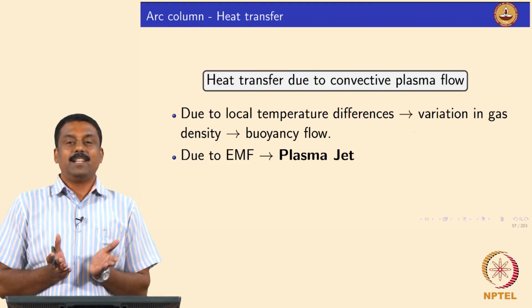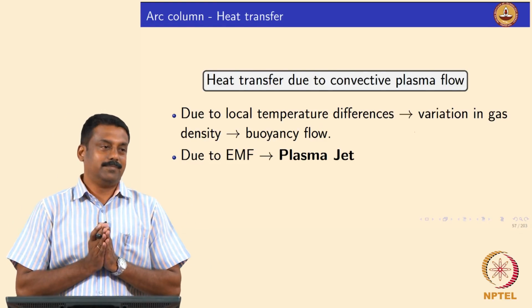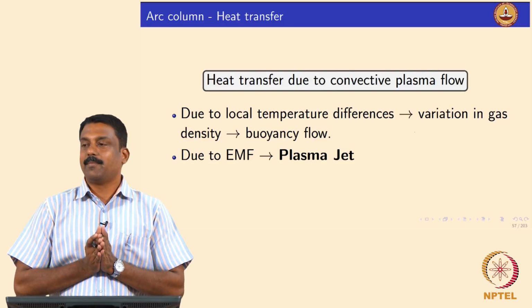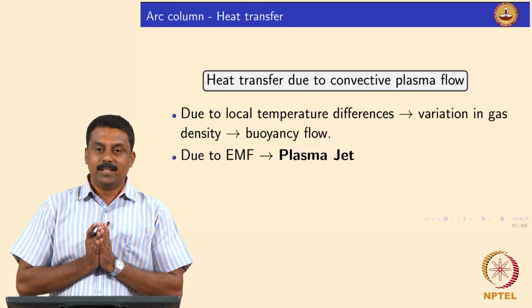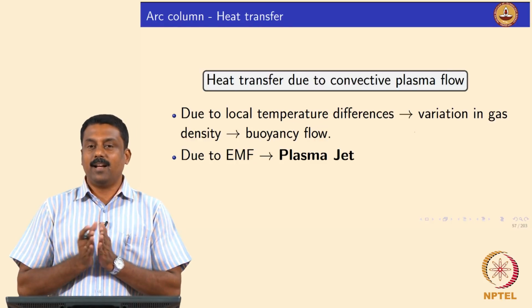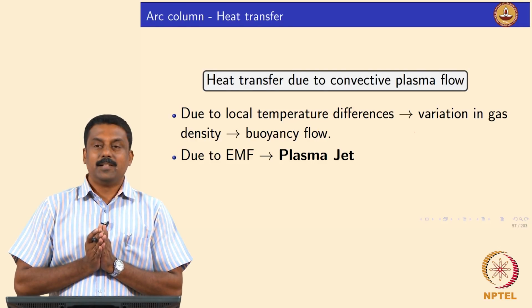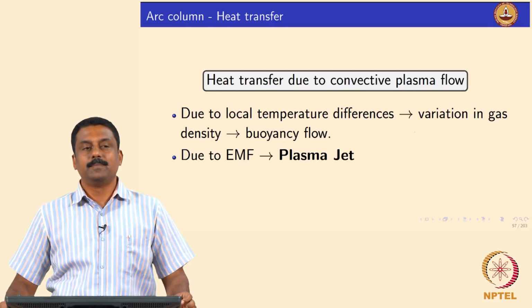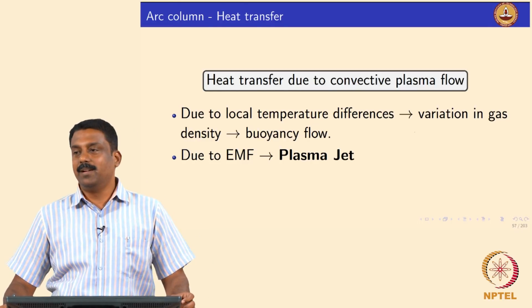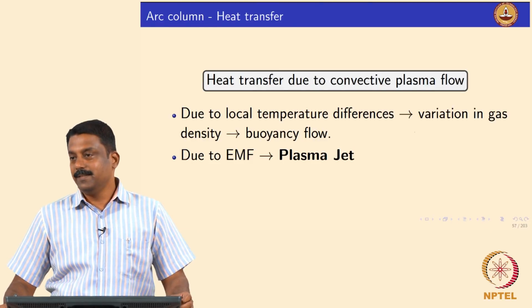So then the third heat transfer mechanism is convective flow. And this is also significant, how the heat is transferred from one place to another place in an arc. Okay. There are two ways the heat is transferred by convective heat transfer. So one is very simple, buoyancy flow. What is buoyancy flow again?